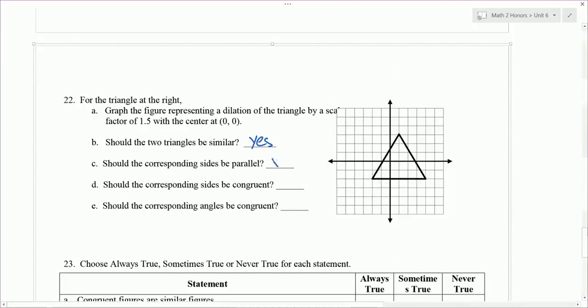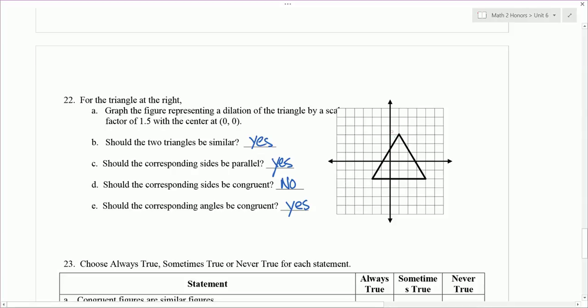Dilations are not rotations, and their side lengths are proportional. Should the corresponding sides be congruent? No. Only time that would be true is if we were scaling it by a factor of 1, which wouldn't change a thing. Should the corresponding angles be congruent? Yes, because when you have similar triangles, angles are always congruent.